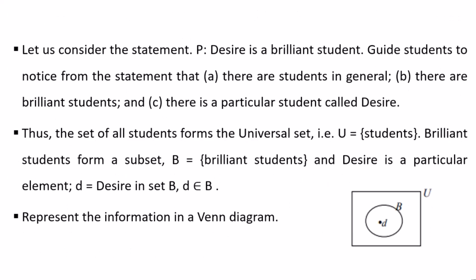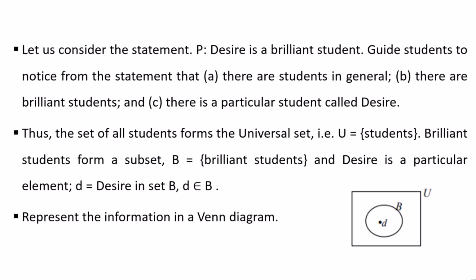Let us consider the statement P: Desire is a brilliant student. You can guide your student to notice from the statement that there are students in general, brilliant students, and a particular student called Desire.